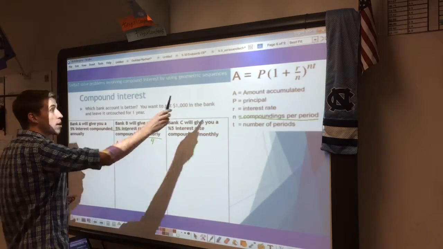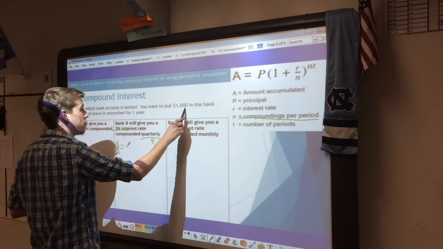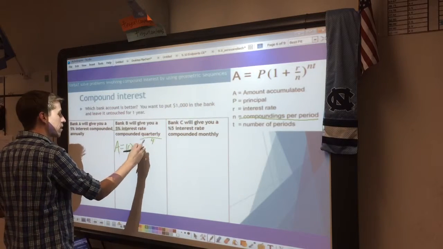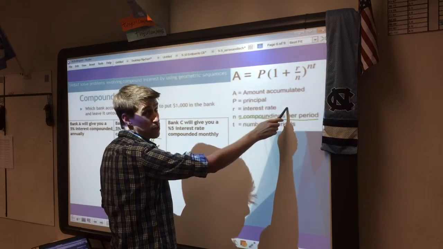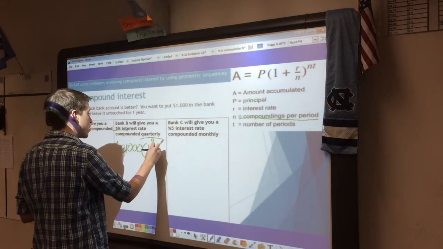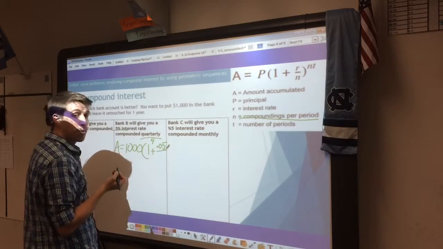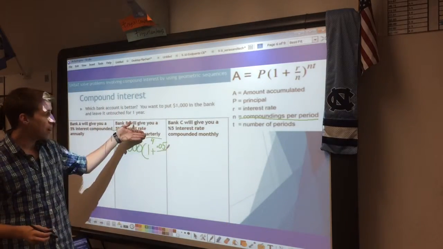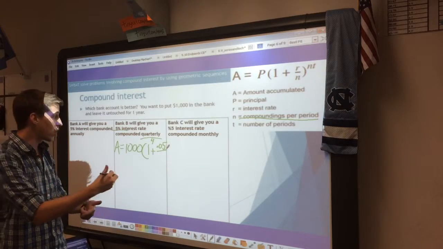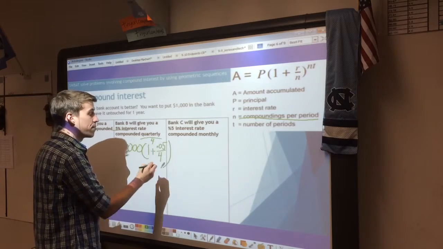A will equal my principal, still my original investment, $1,000, times 1 plus the interest rate as a decimal, so still 0.05, divided by the number of compoundings per period. Since we compound this quarterly, we're going to divide it by 4 this time.